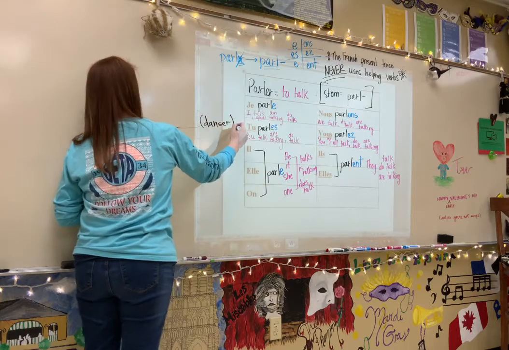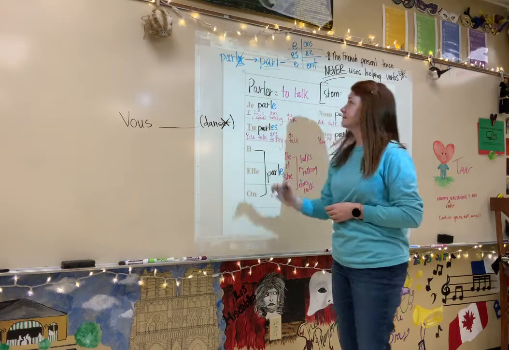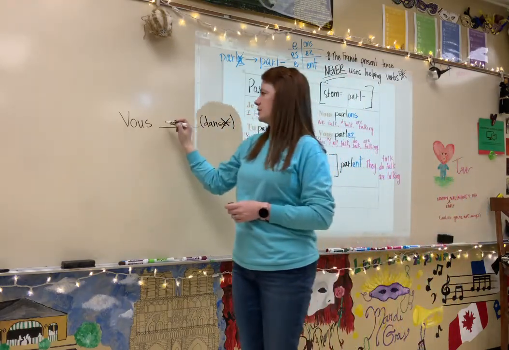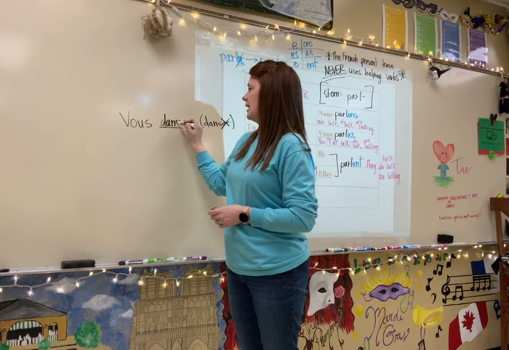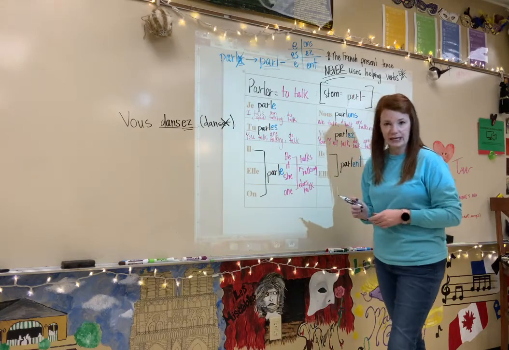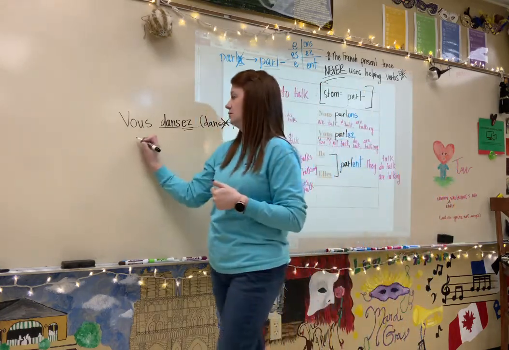That means to dance. Okay? So what you do, you get rid of that ER. Your ending for vous is EZ. So you have DANS, and then that's your ending. So you have vous dansez. That means you or y'all dance.